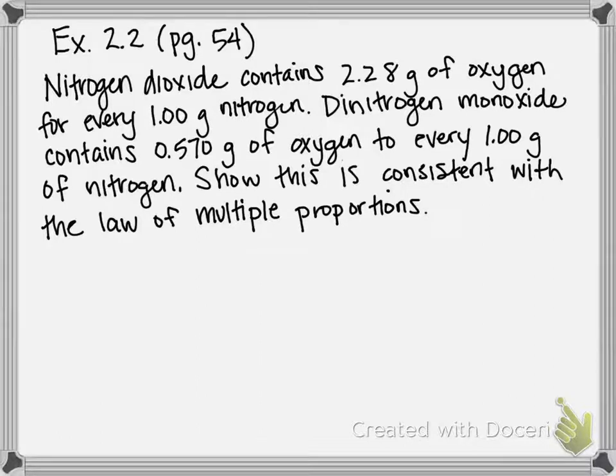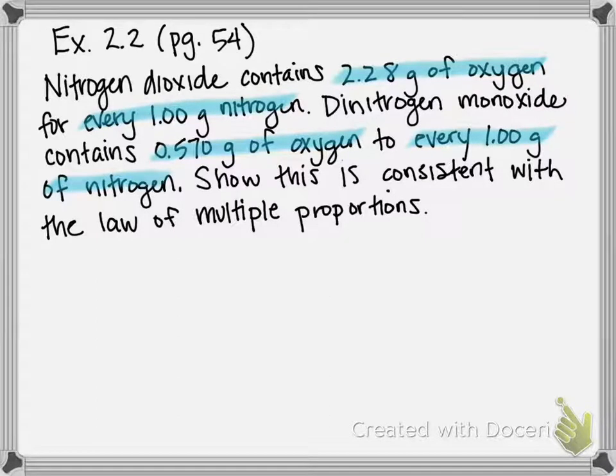So we're given two numbers here. This 2.28 grams of oxygen that combines with every 1 gram of nitrogen, and then this 0.570 grams of oxygen that combines with every 1 gram of nitrogen.